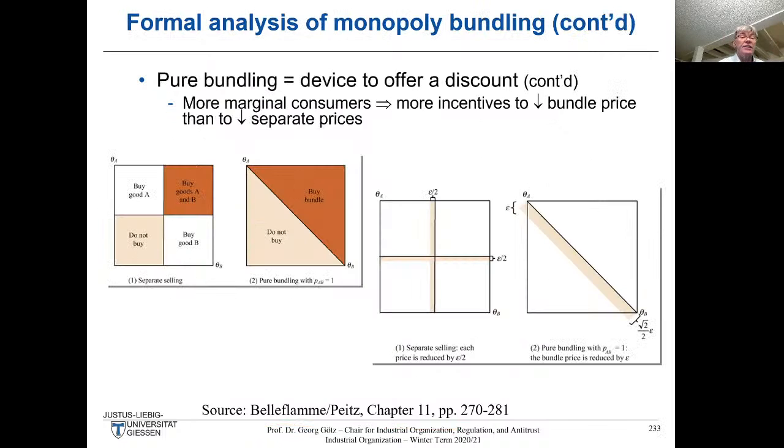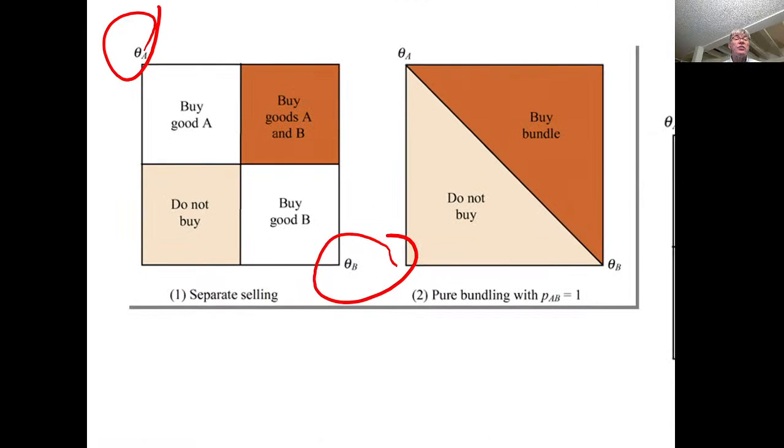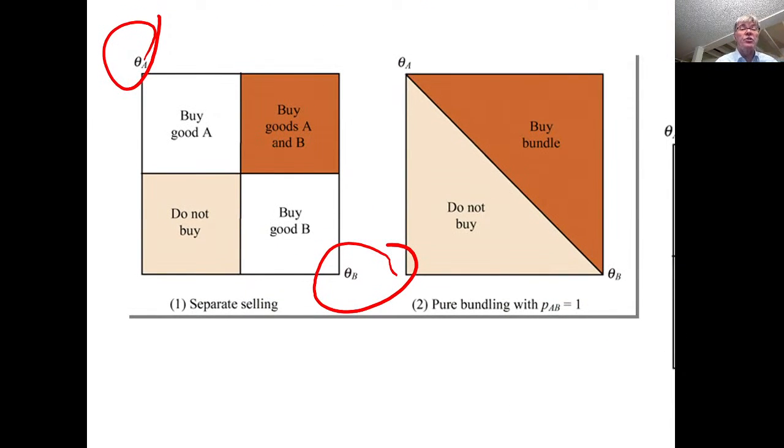If you look into the next slide, again, we have these willingnesses to pay here and here. Hopefully you can see that well. This is exactly what we had up there in terms of our R1 and our R2.